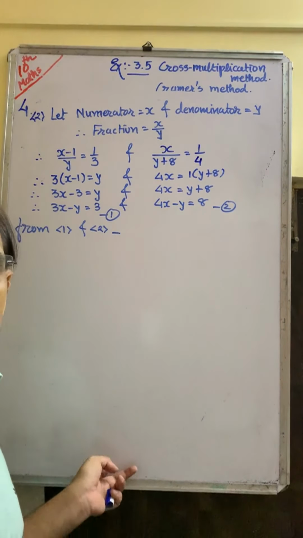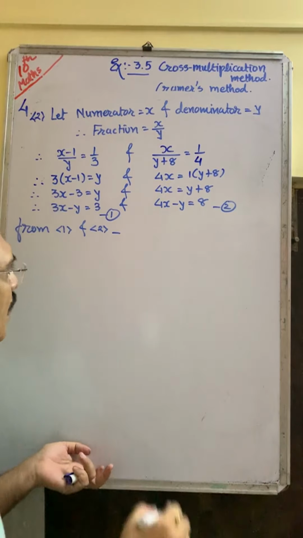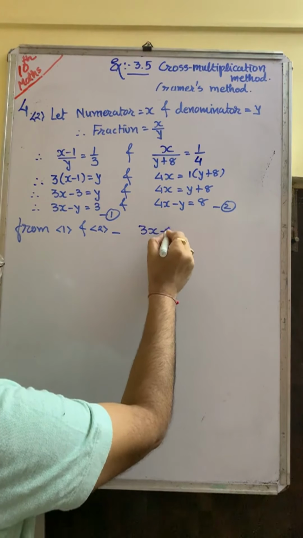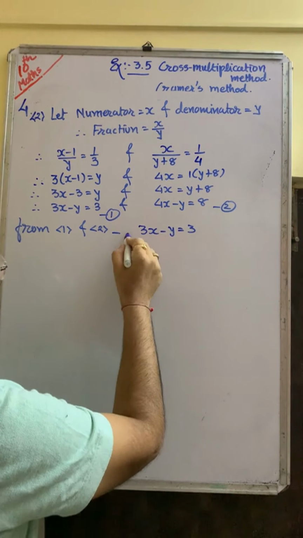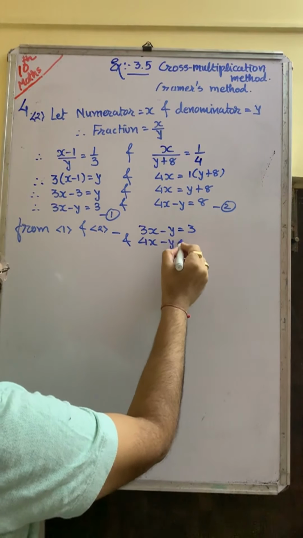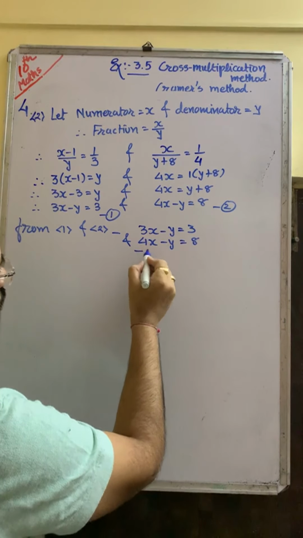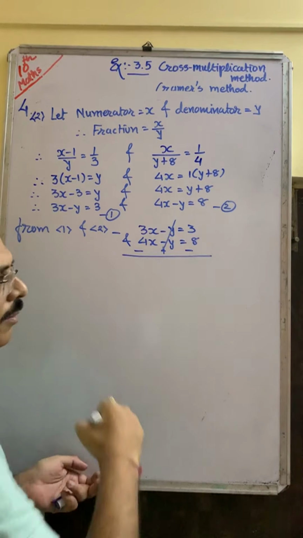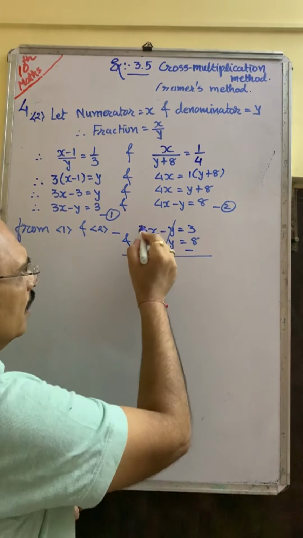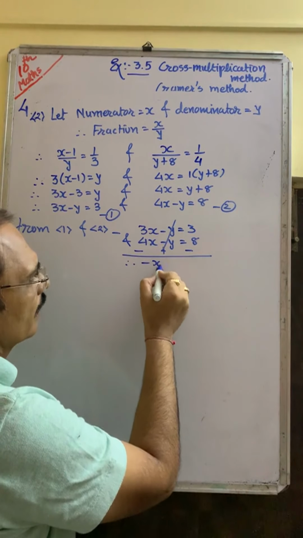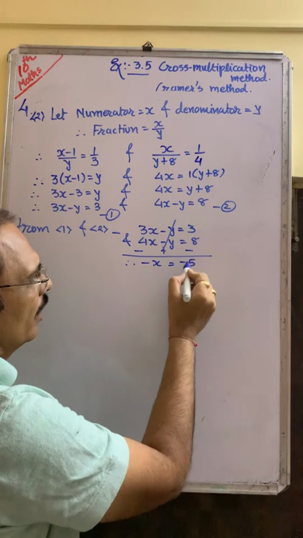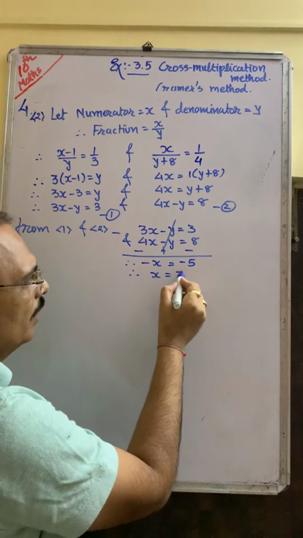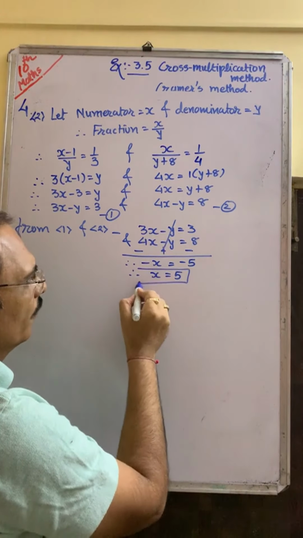If you change the sign, you can eliminate y. So 3x minus y equals 3, and 4x minus y equals 8. Change the signs. Plus y and minus y will be cancelled. 3 minus 4 is minus x, and 3 minus 8 is minus 5. Both sides minus, so x equals 5.